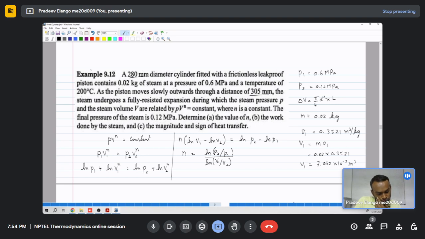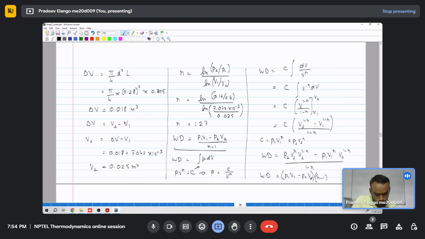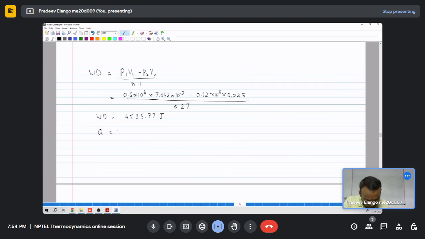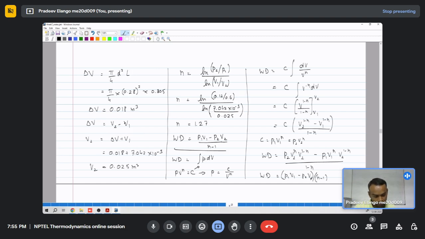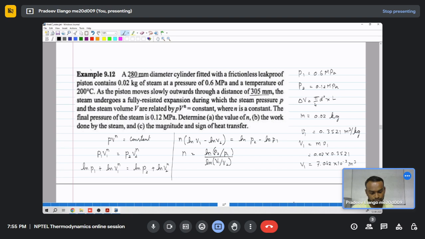So now we need to find the magnitude and sign of heat transfer. Now we know Q is equal to delta U plus W. We can calculate the internal energy at state 1 and 2 and then we can calculate Q. Internal energy at state 1, the initial state, is from the superheated steam, right?